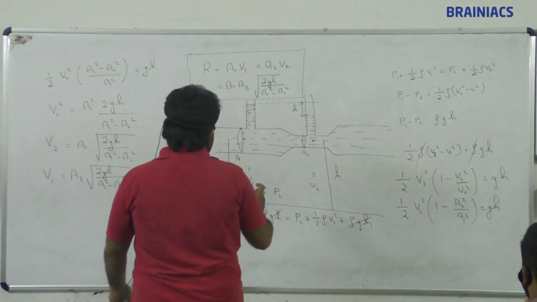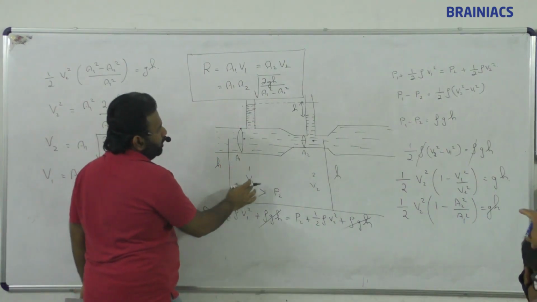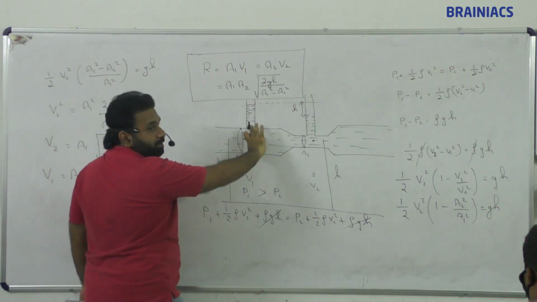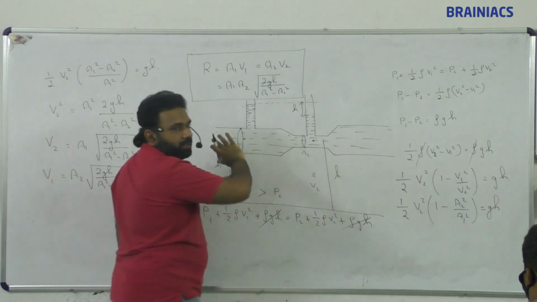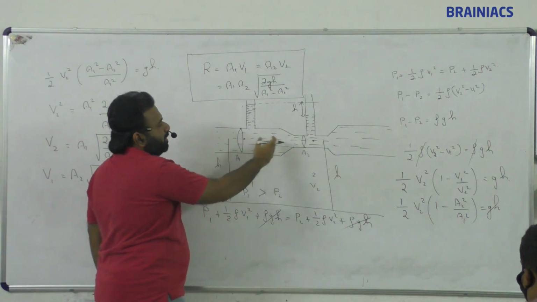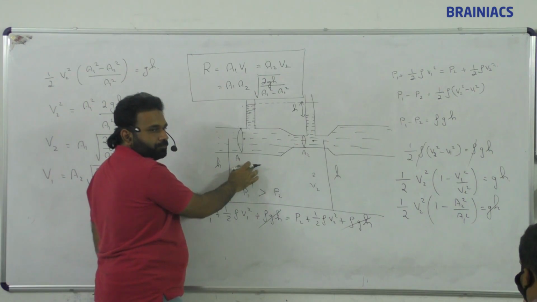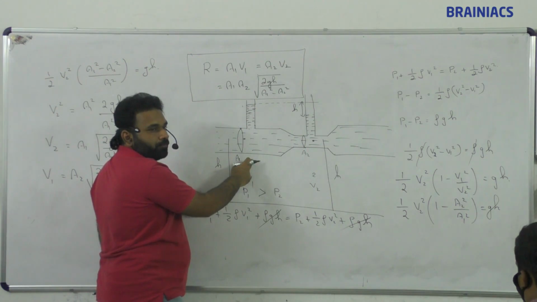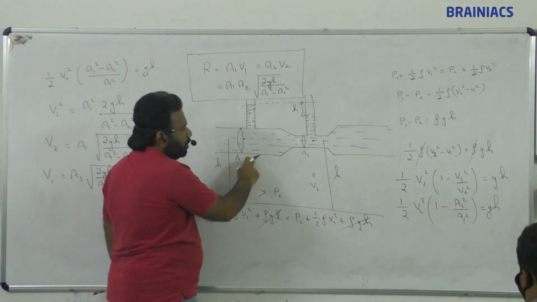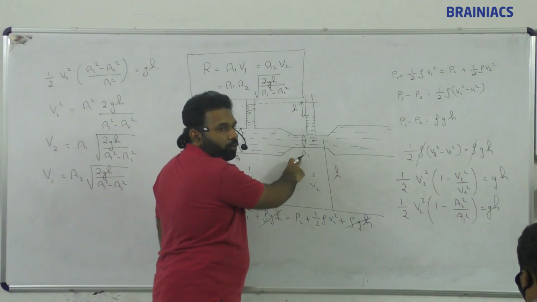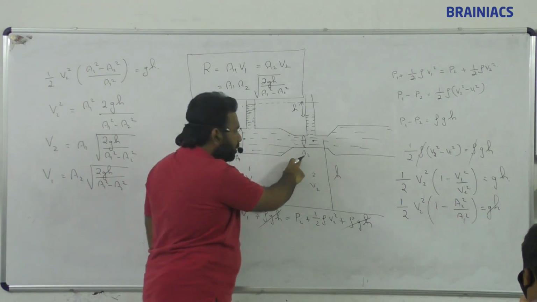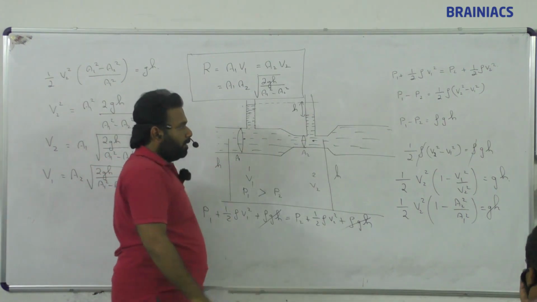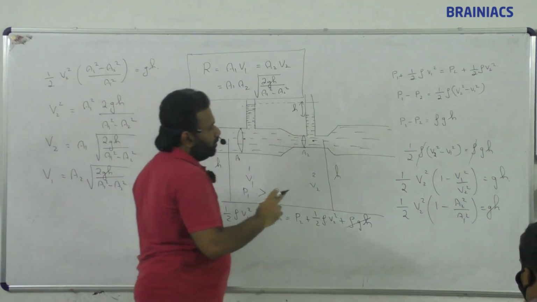P1 is the pressure here, P2 is the pressure here, so the difference between these will be the pressure difference. Here velocity is less. If velocity is more, pressure is less.